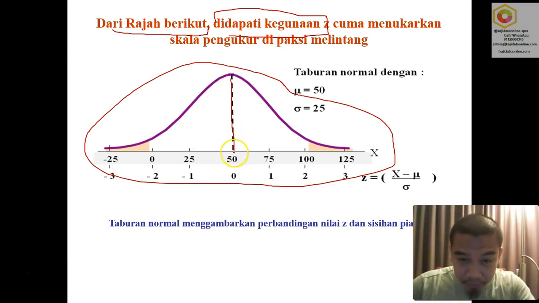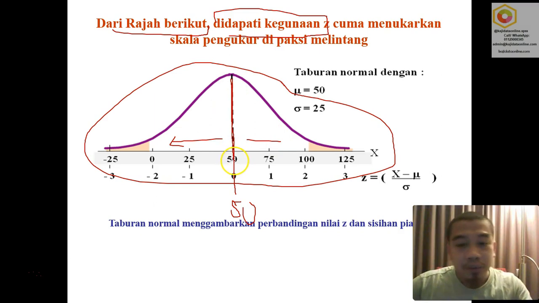First, we need to know that this is the center, which is 50% on the right and 50% on the left. That is the other story. The main idea is that the mean is 50, and our standard deviation is 25.